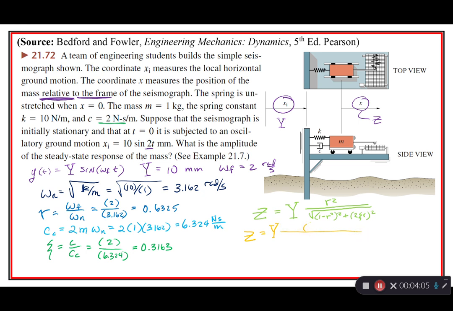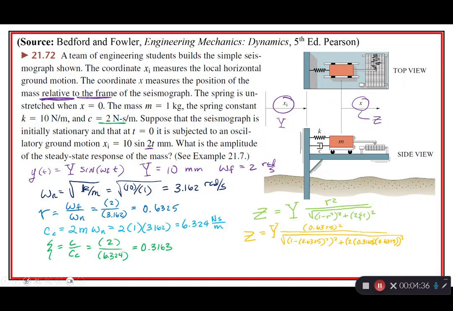Our R is 0.6325 squared. And 1 minus 0.6325 squared plus 2 times our squiggle was 0.3163, and 0.6325 is that last R. Make sure you square the whole thing.